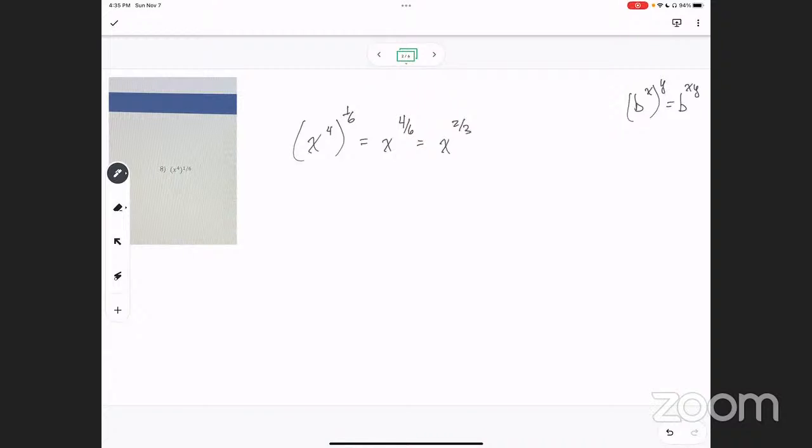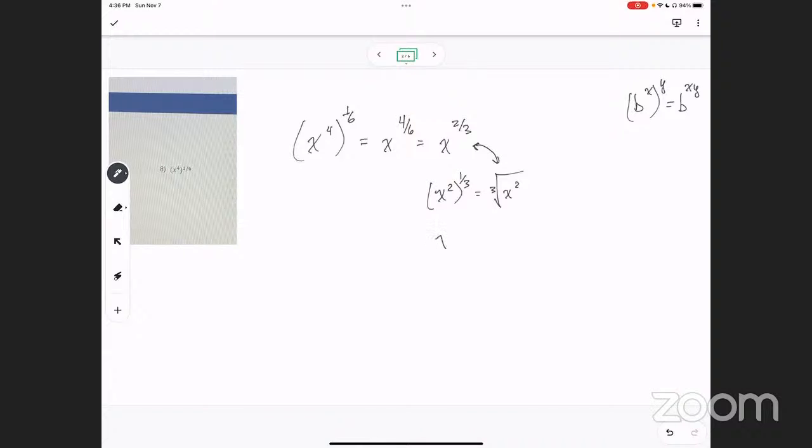Now, just so you know, you could also write this in a couple different ways. You could write this as x squared to the 1/3 power, which means it's the cube root of x squared. You follow that? No. So these two things are the same. You're going to have to know that soon.